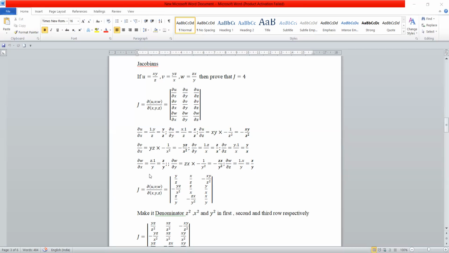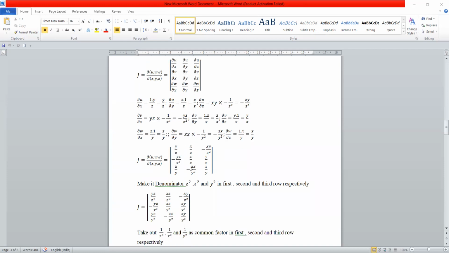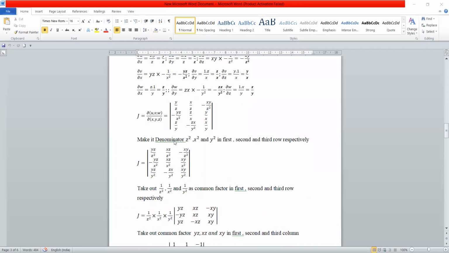So put all the values in the determinant. So make the denominators z square, x square, y square in the first, second, third row respectively. That is, we want to make this z as z square, because here z square is there in the last term of the first row.